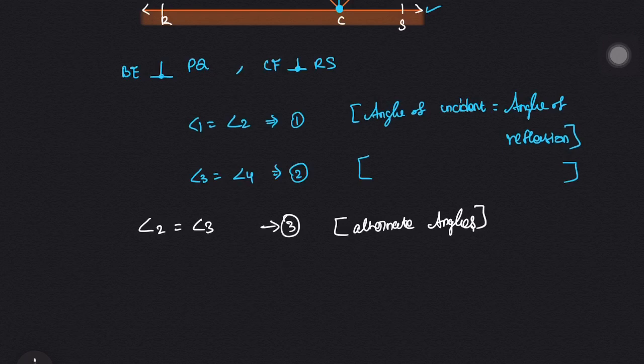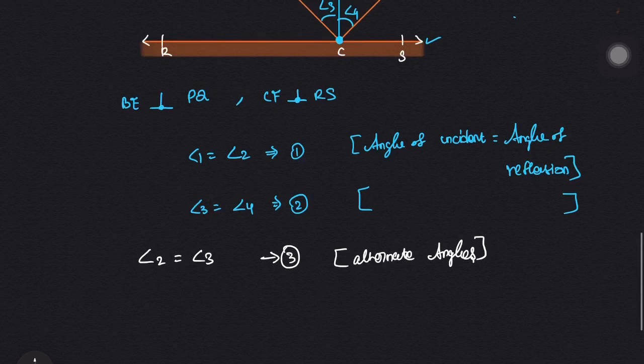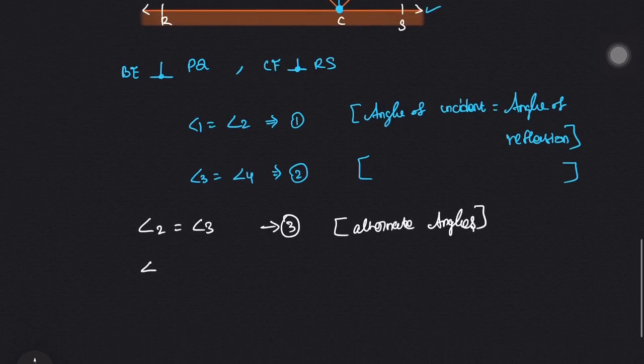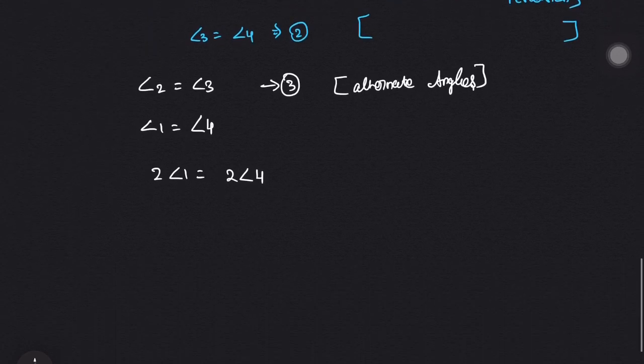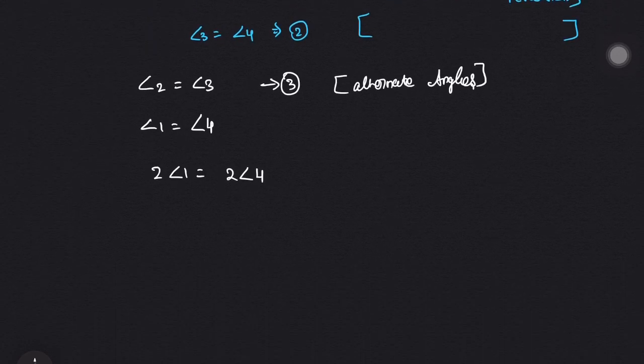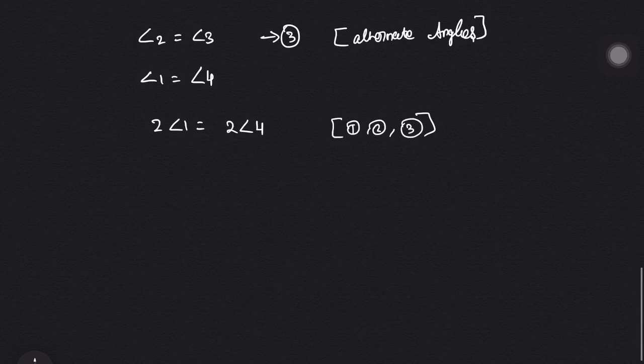The similar condition: just multiply by 2, and angle 1 also equals angle 4. Just multiply 2 times for both sides. So 2 times angle 1 is equal to 2 times angle 4. From the above conditions, equations 1, 2, 3, this can be split.